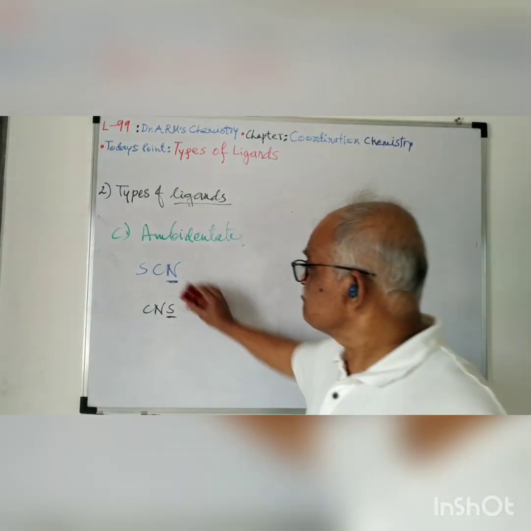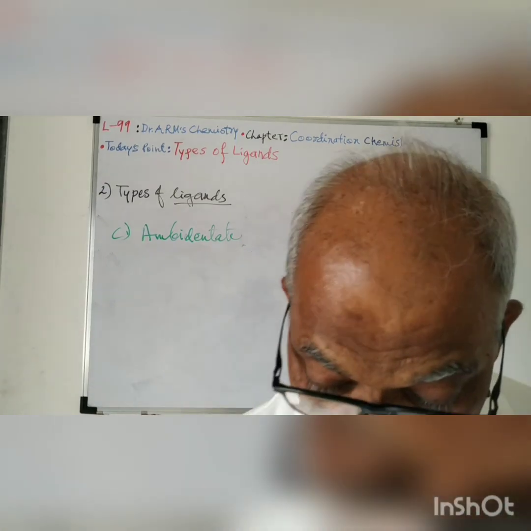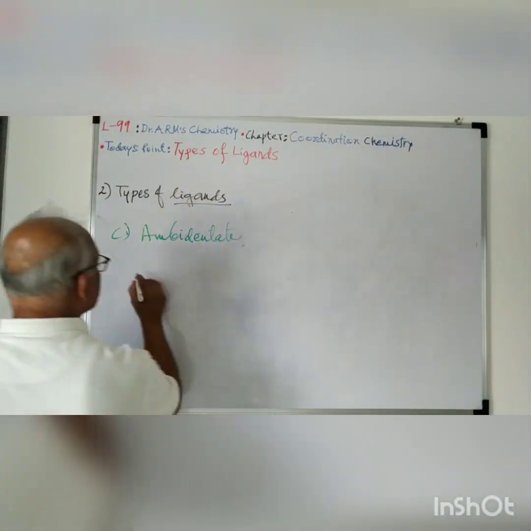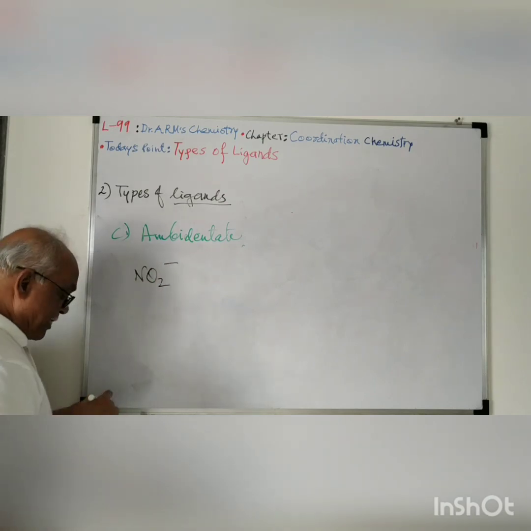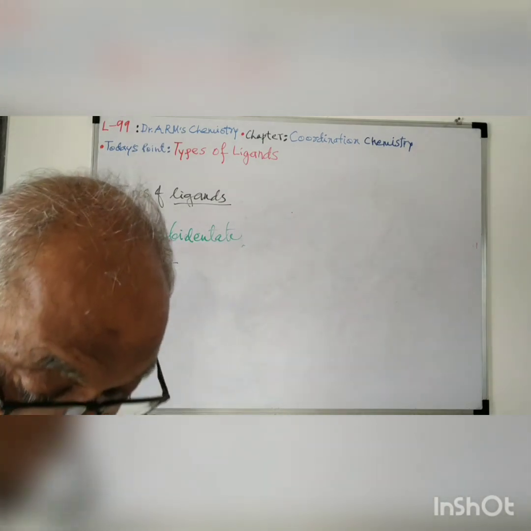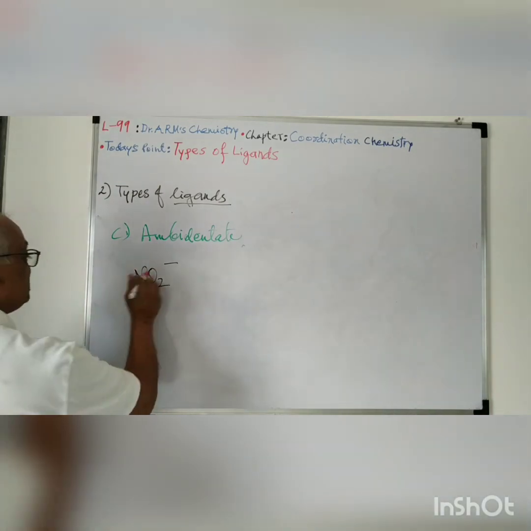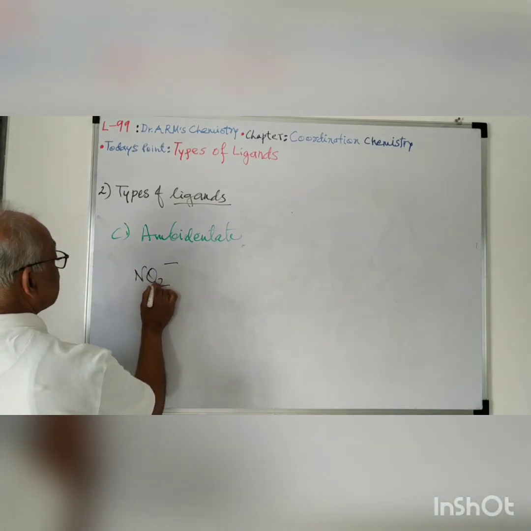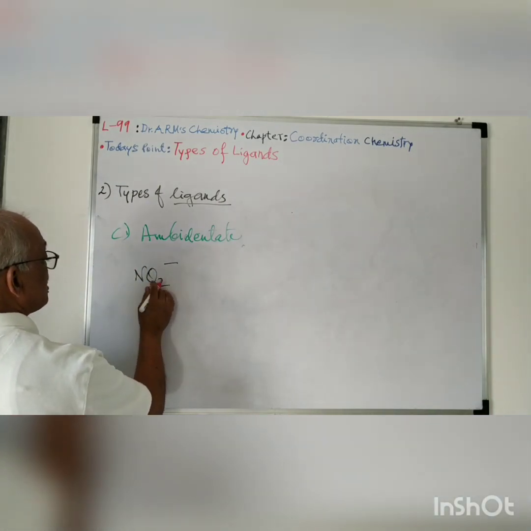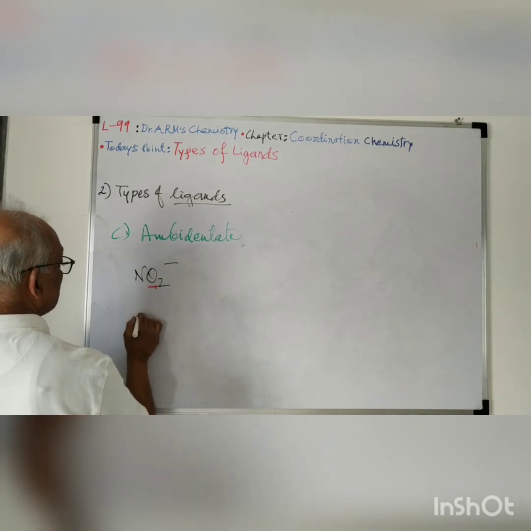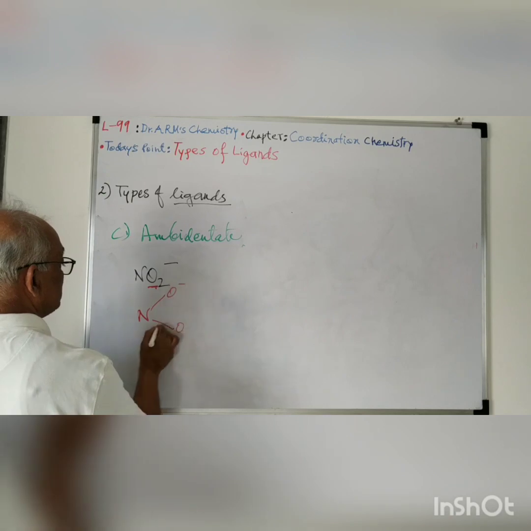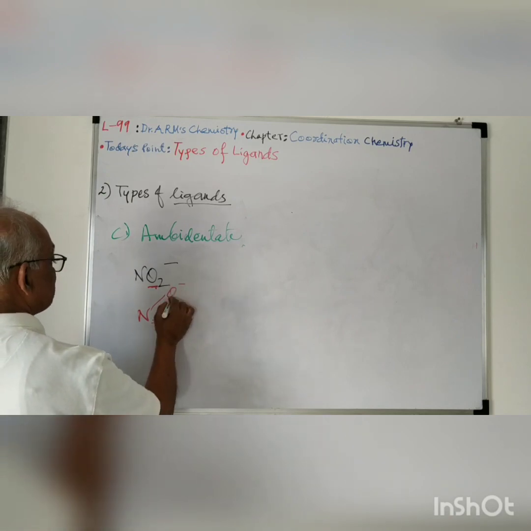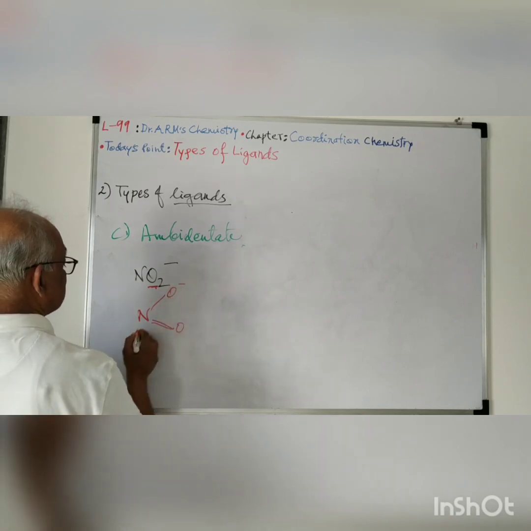Another example we can show of this ambidentate ligand is NO2 minus. Here we can have oxygen as a point of attachment. Out of 2, only 1 oxygen has a point of attachment. So this is a point of attachment.